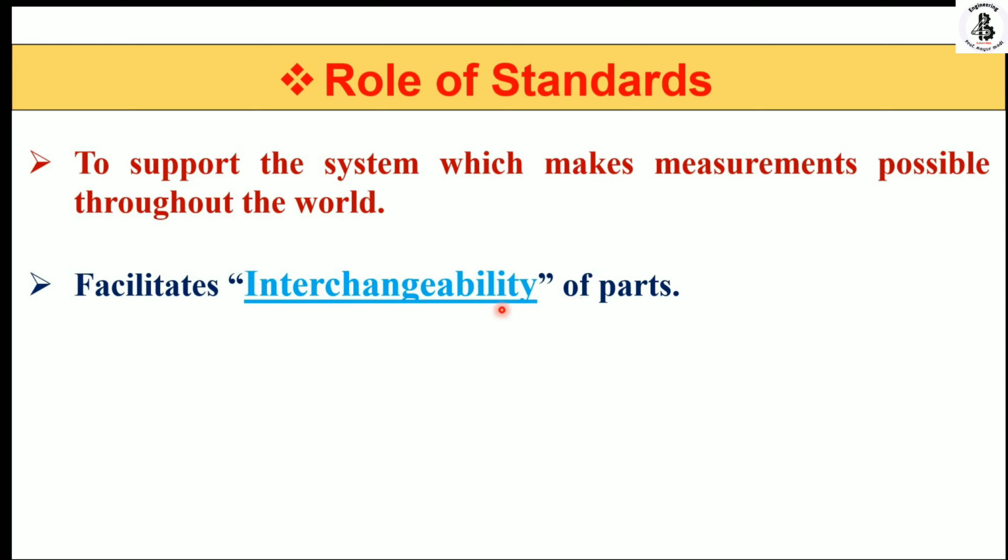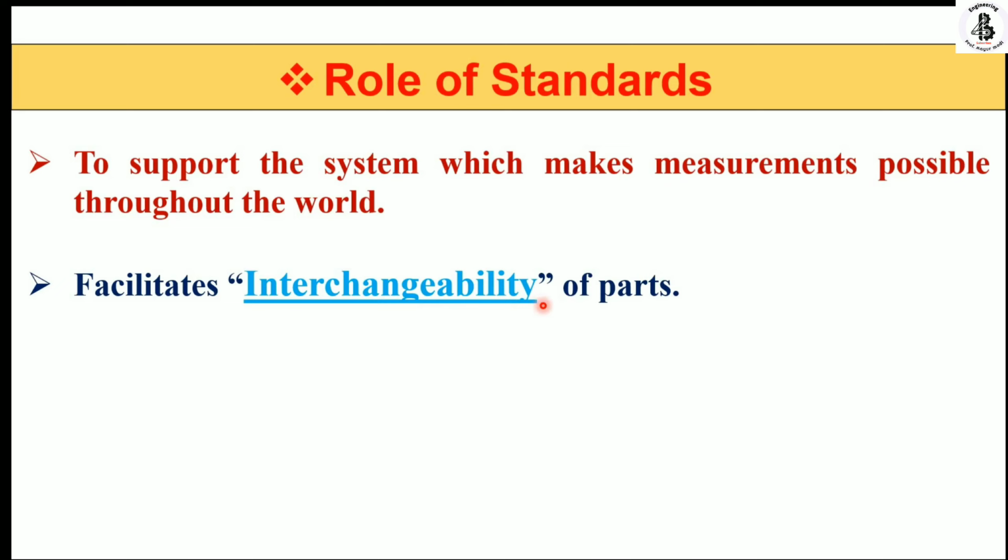That is only feasible with the application of standardization, or you can say by the adoption of standards in measurement and production. Nowadays most industries focus on mass production, because there is a lot of demand from customers, and industries can manufacture at mass production level only with the help of standardization and interchangeability.